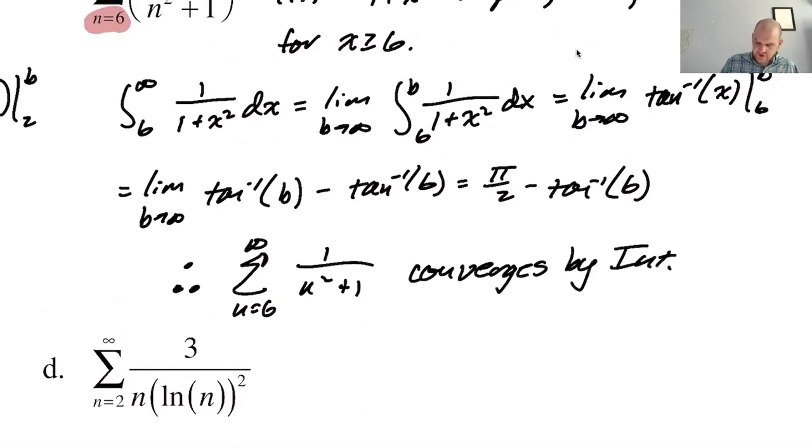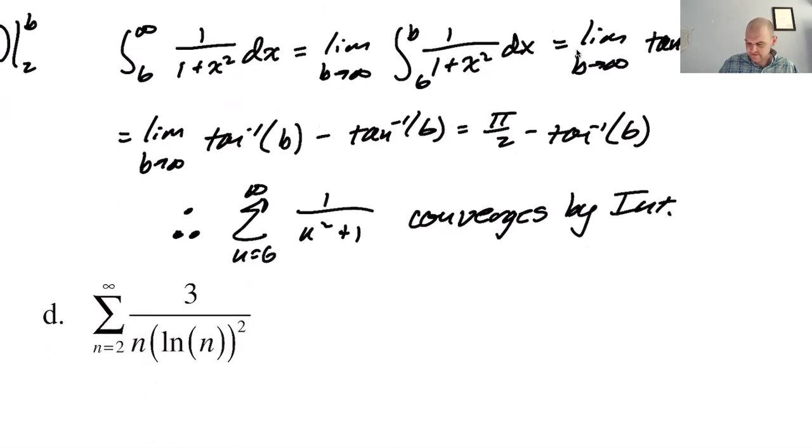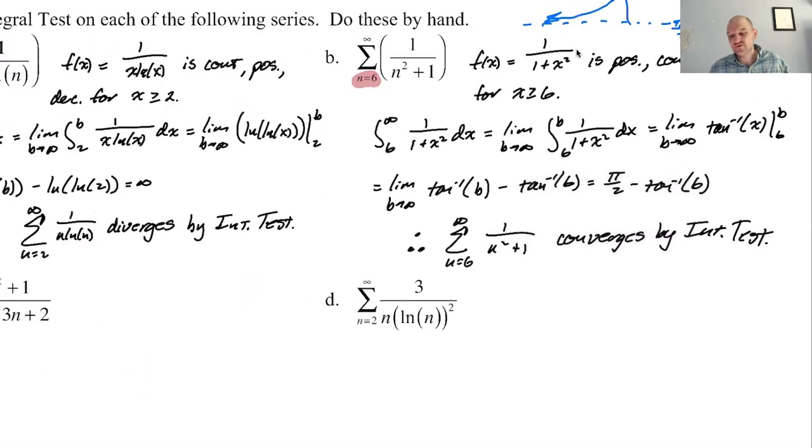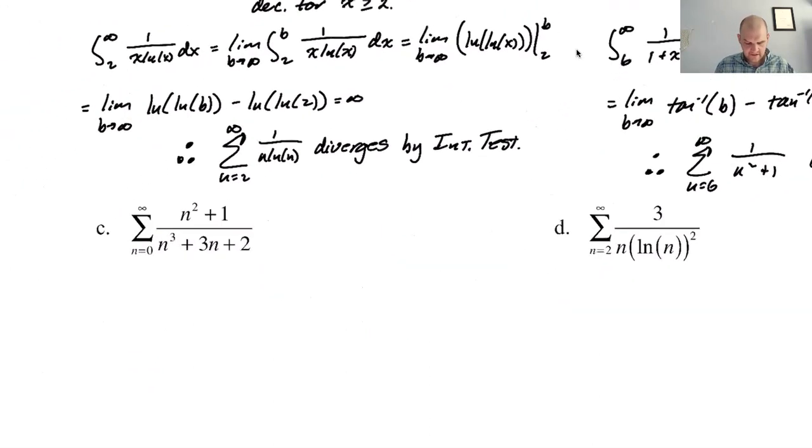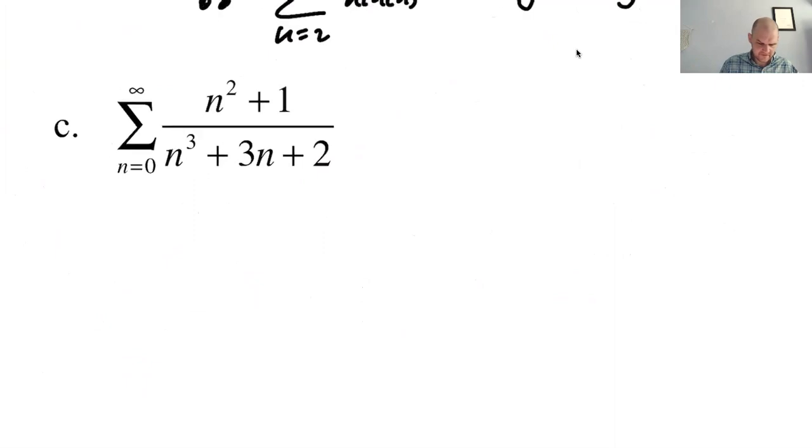So it doesn't converge to pi over 2 minus arctan of 6. It just converges, something like close to it, but we don't really need to know what it converges to. We just need to know, does it converge or does it not converge? So good for us, because who wants to do that?